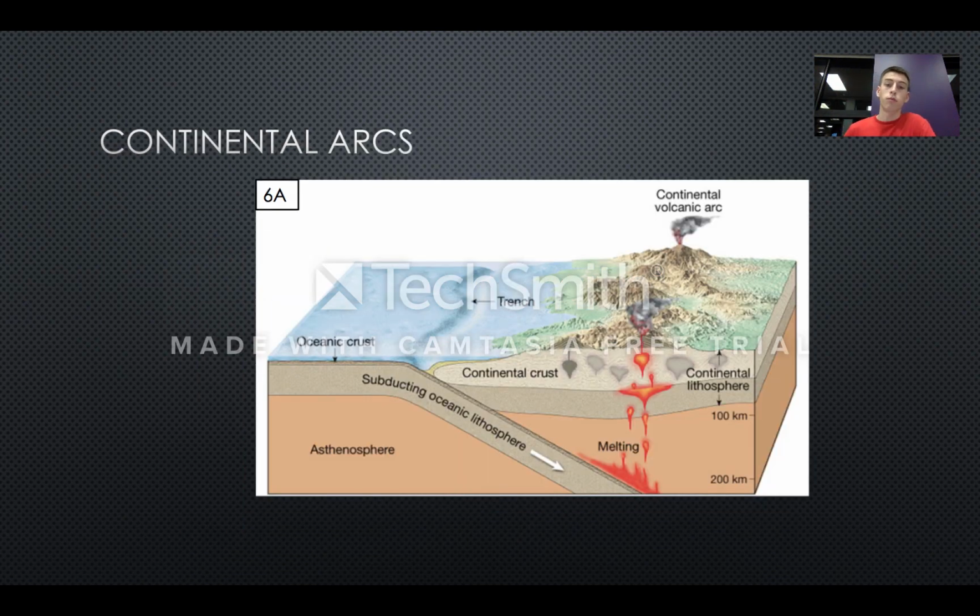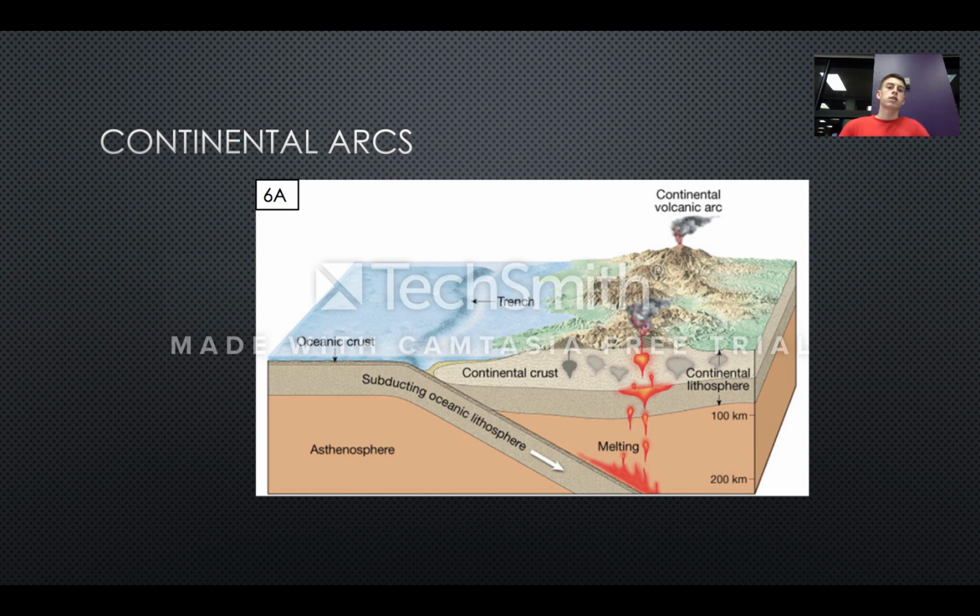Continental arcs form much the same way as island arcs. The only difference is that instead of an ocean plate being subducted under another oceanic plate, it's subducted under a continental plate. This continental plate has a thick lid of continental crust on top, which the magma must travel through in order to reach the surface.